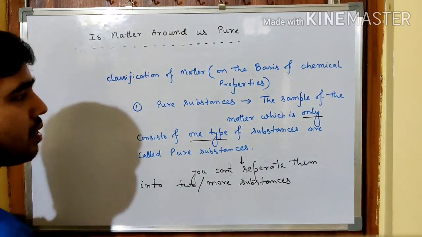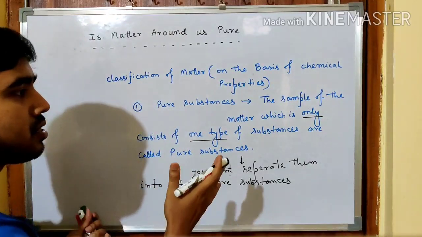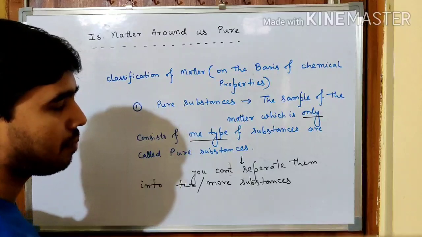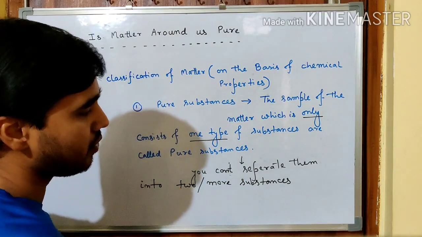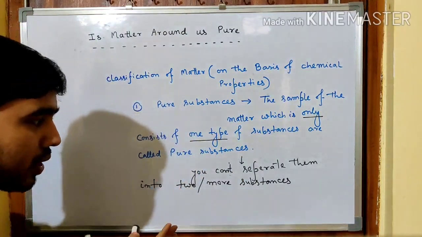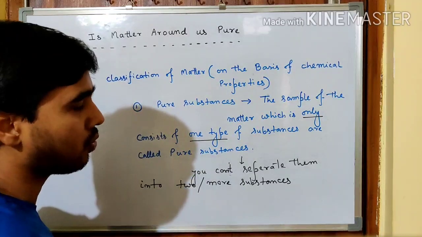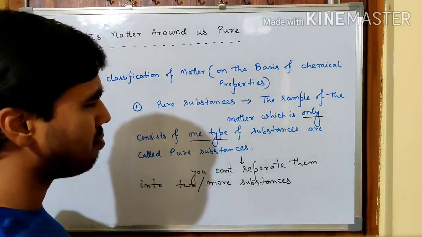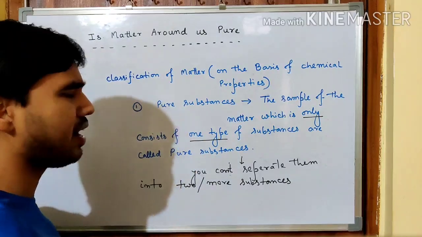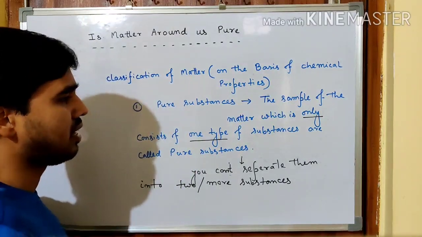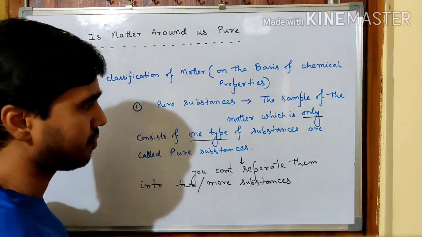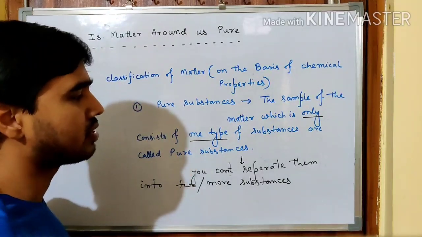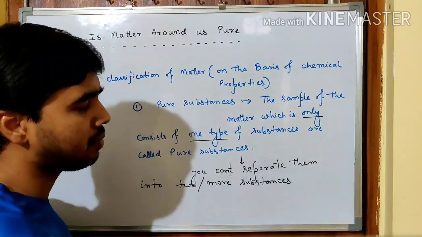Pure substance means only one type of substance is present, and you cannot separate it into two or more. There are numerous examples around us of pure substances, like water, like ethyl alcohol, like so many things. Those are made up of only one type of substance.